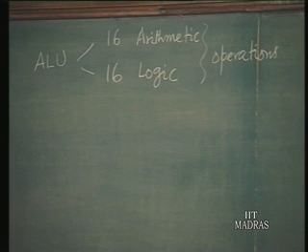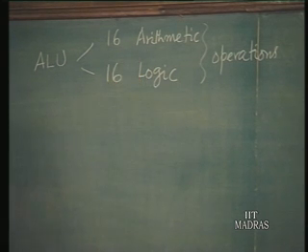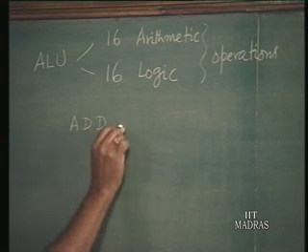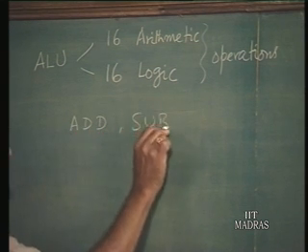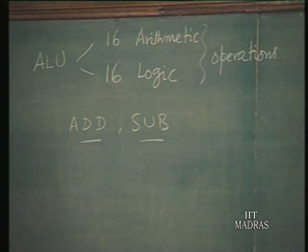Okay. Now, instead of these 16 arithmetic instructions, you may include for instance the basic things, add and subtract. So, these are two basic arithmetic instructions. Now, there can be some more complex arithmetic also.